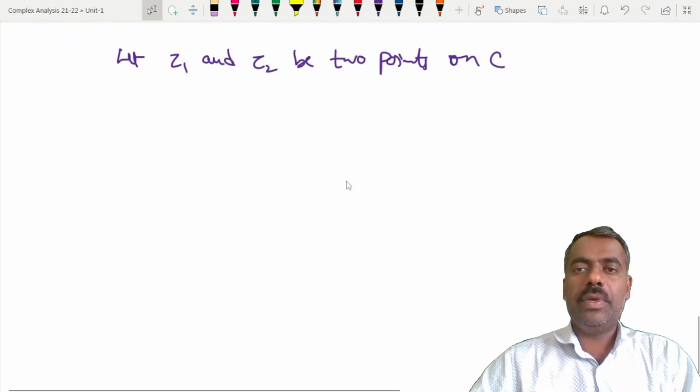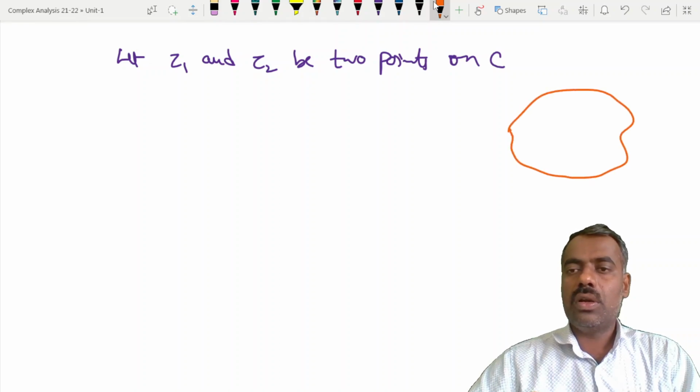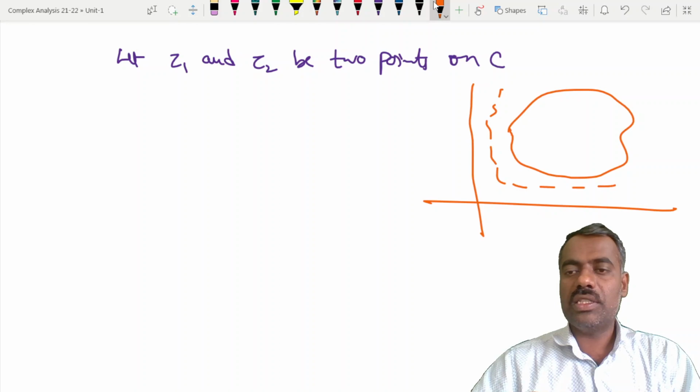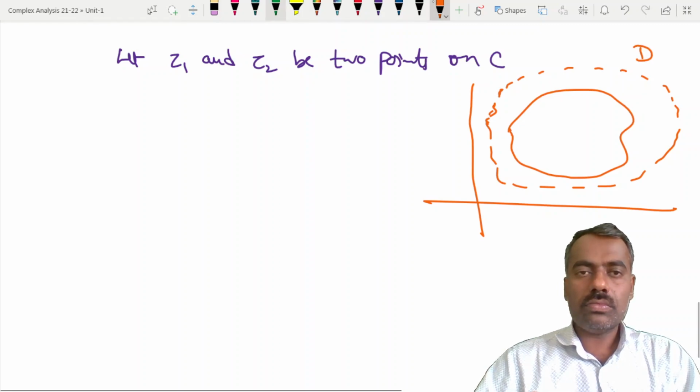So let me draw the picture. Suppose this is our closed contour C, completely lying in our domain. Suppose this is our domain D, and this is our C. Now take two points z1 and z2.